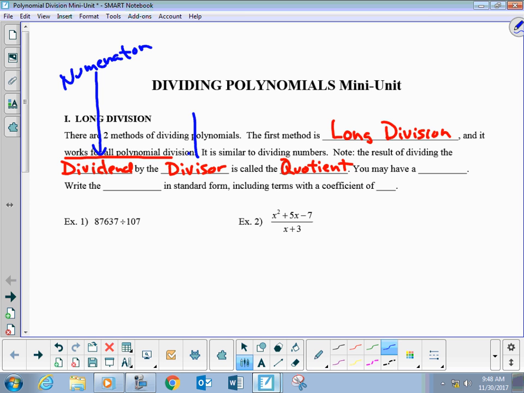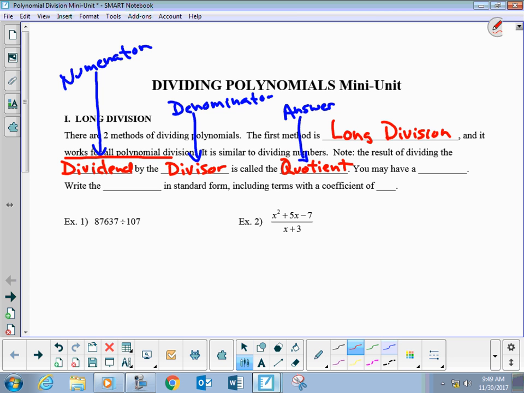This is the denominator. This is what we would call the answer. So this is the higher level set of words that relate to these basic terms that we taught you ages ago. Can you say vocabulary questions on quizzes and tests? Okay, so be prepared.